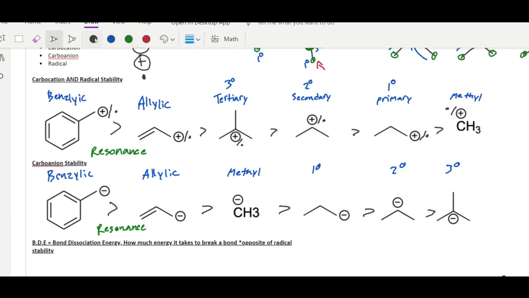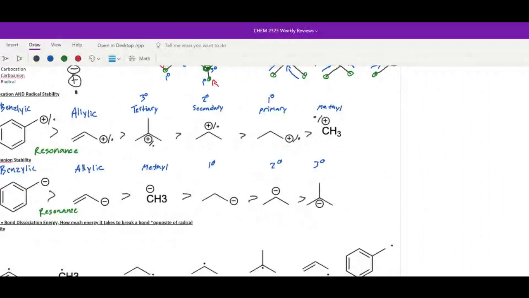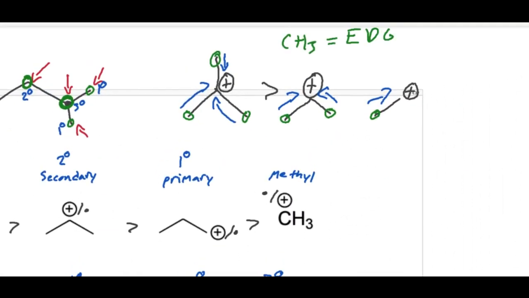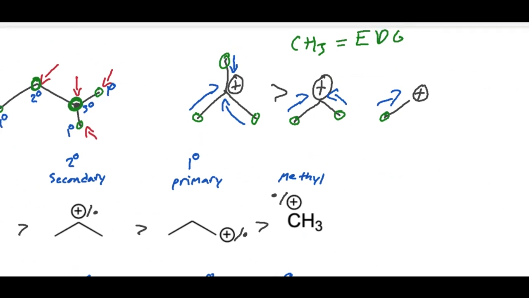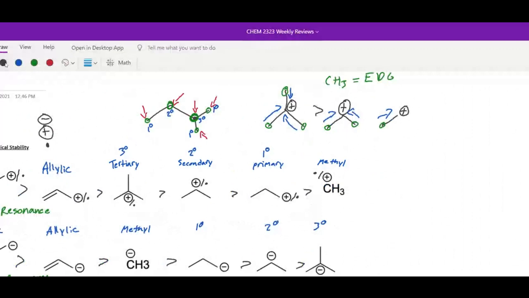In the same example I gave up here, let's say I have a negative charge instead, and my carbons are providing more negative charge, that is going to be not helpful.